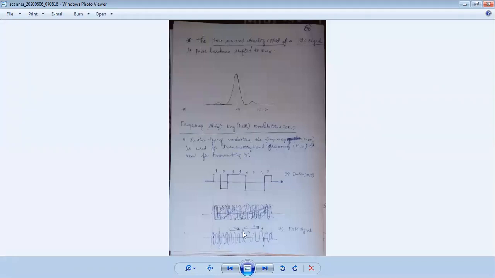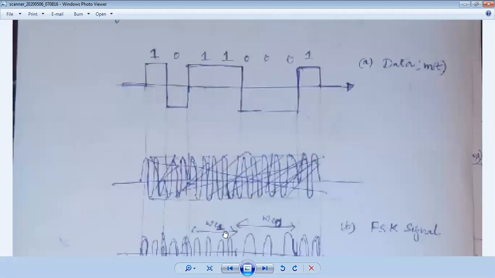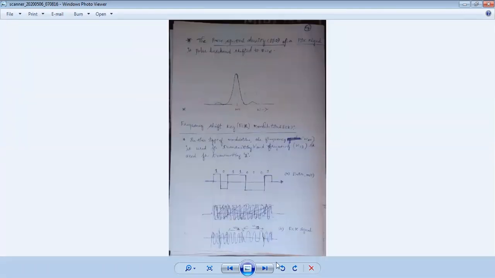Omega c1 for 1, omega c2 for 0. Hence we change the frequency of the unmodulated carrier in order to code or protect the information of the binary sequence pulses, and hence we call it frequency shift keying.